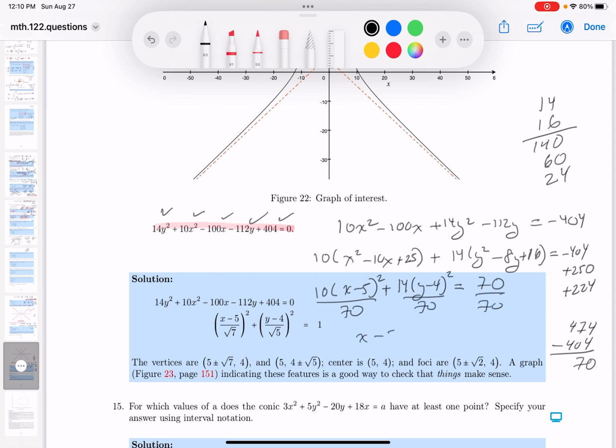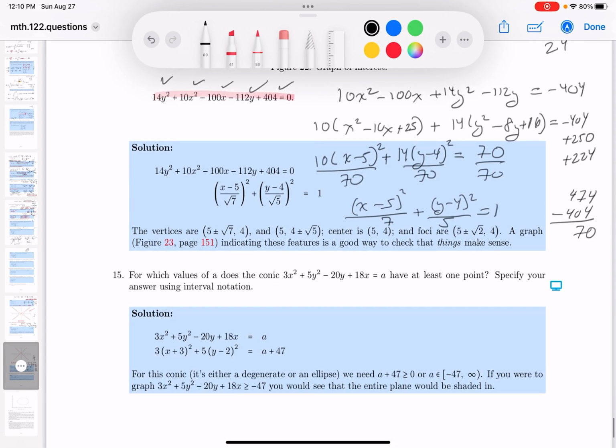What do you get there? (x minus 5) quantity squared, and then you're going to get 7 on the bottom. Kind of a nasty looking number, but anyway, we'll talk about it. Plus (y minus 4) squared over 5, because 5 times 14 is 70, equals 1.